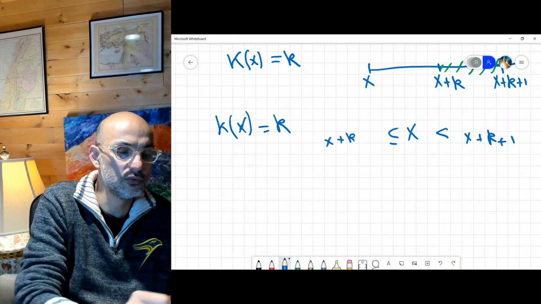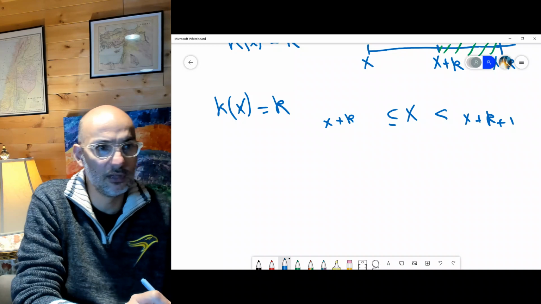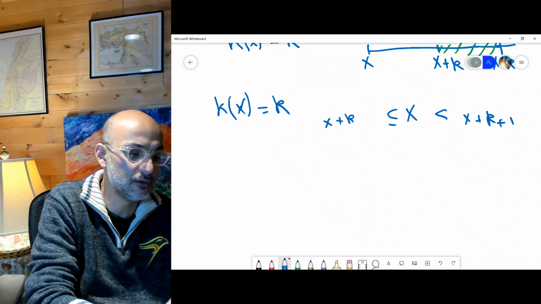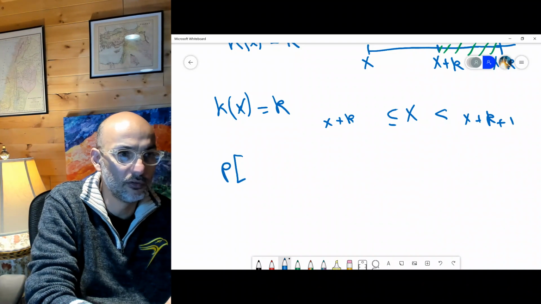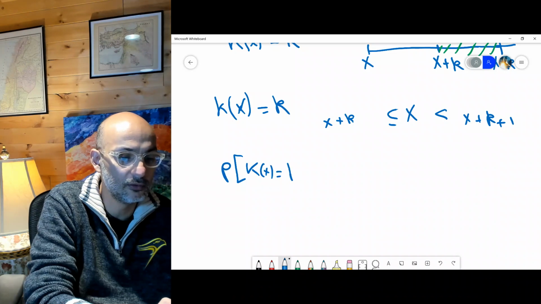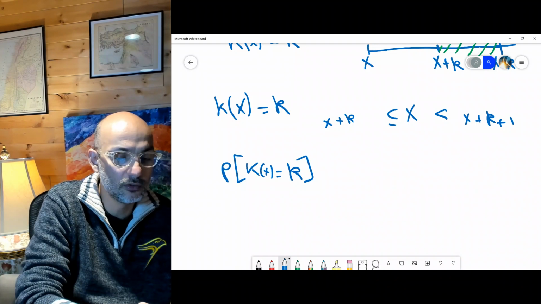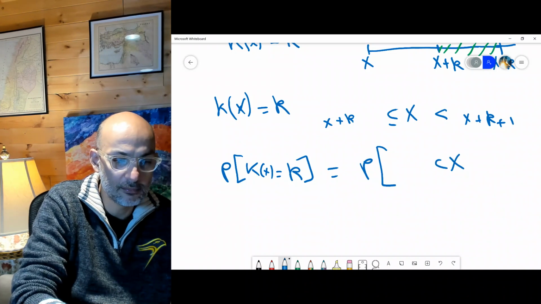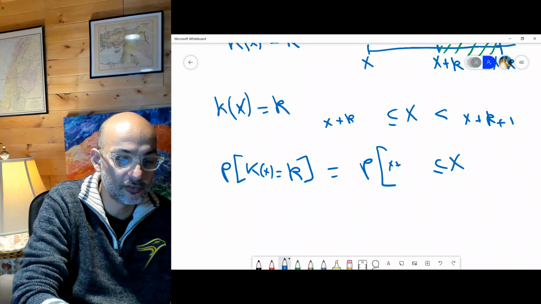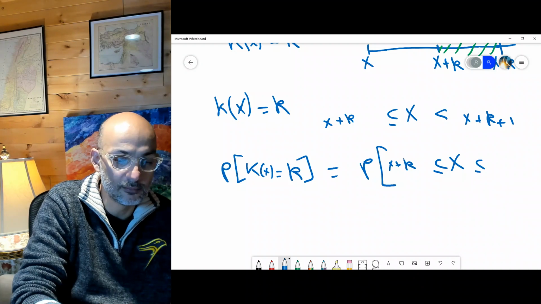What's the probability? We are always interested in the probability of mortality, or death occurring at k. This is equal to the probability that death happens between x plus k and x plus k plus 1.